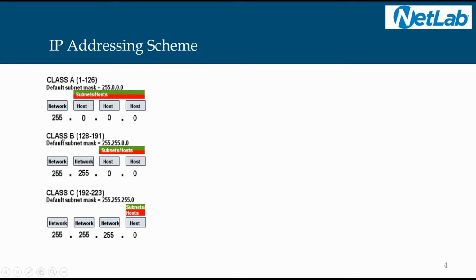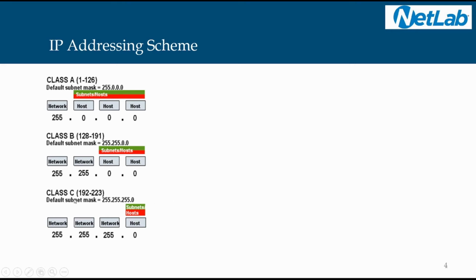Class B starts from 128 till 191. Any IP address which is starting from 128 till 191, for example 128.130.140.180, belongs to class B. Class C is 192 to 223. So if there is an IP address 200.200.200.200, it belongs to class C, because the starting number is 200.